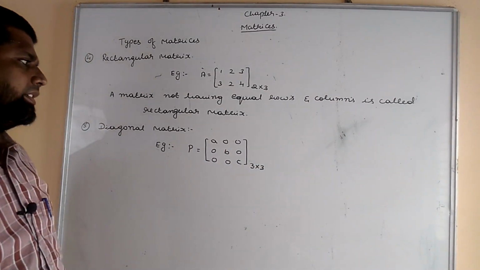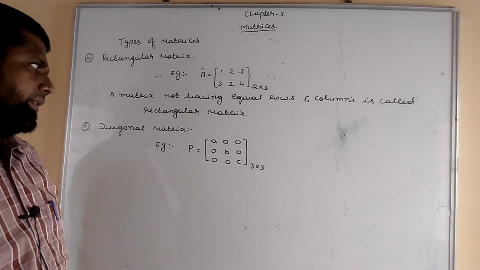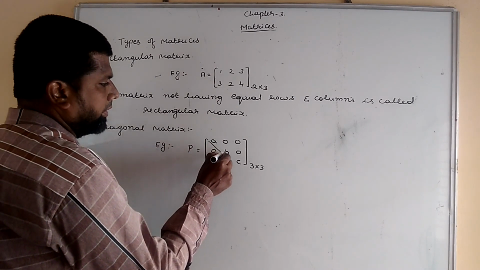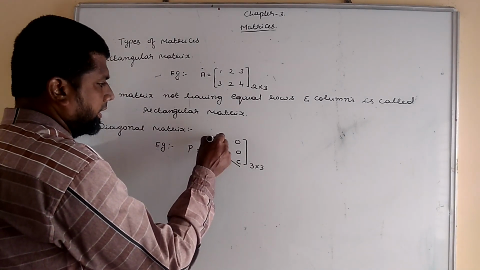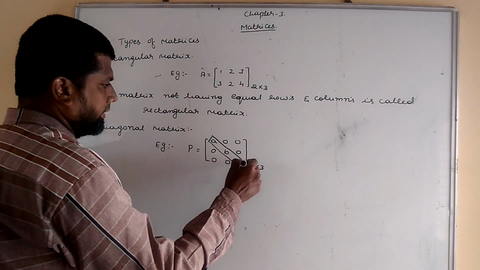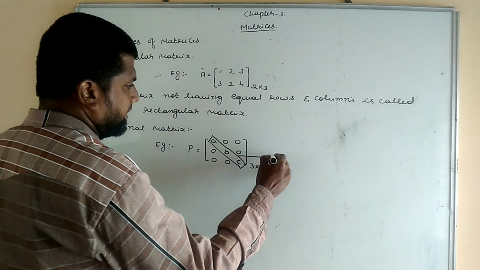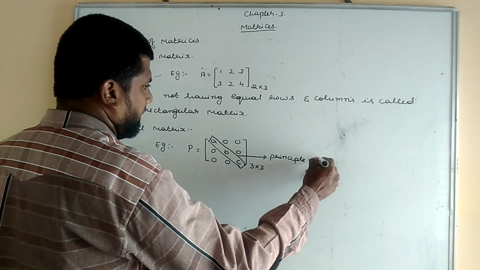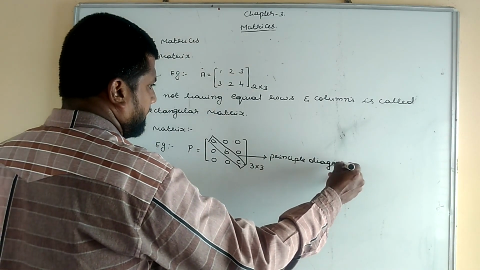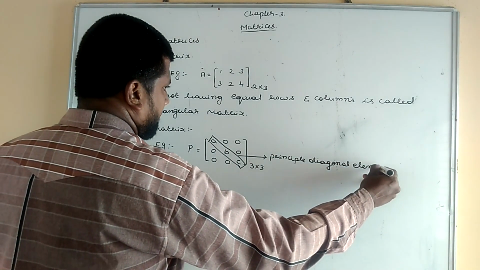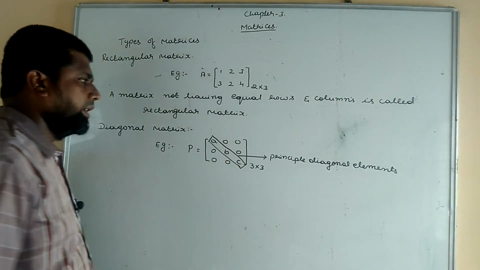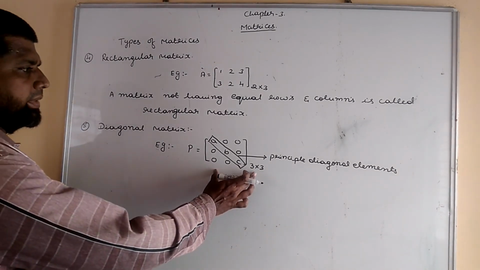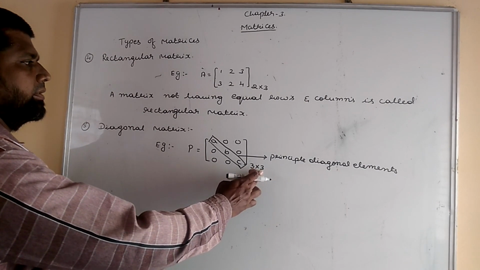If the rows and columns are equal, then it is said to be a square matrix. But from the left top to the right bottom corner, a line is there. That line is called the principal diagonal. Principal diagonal elements. So a diagonal matrix is a square matrix because it has equal rows and equal columns.